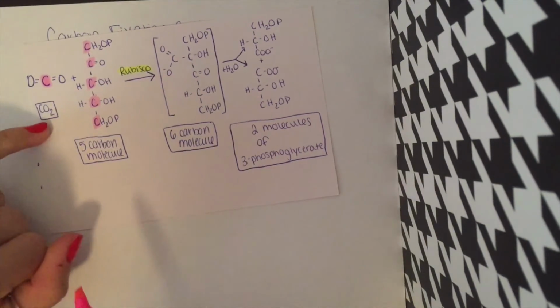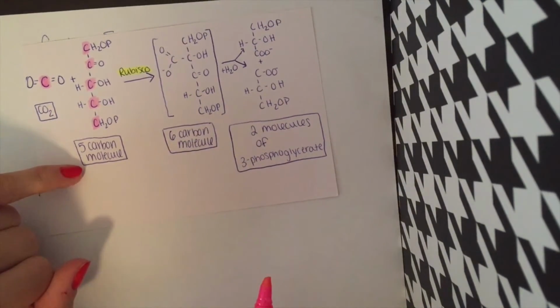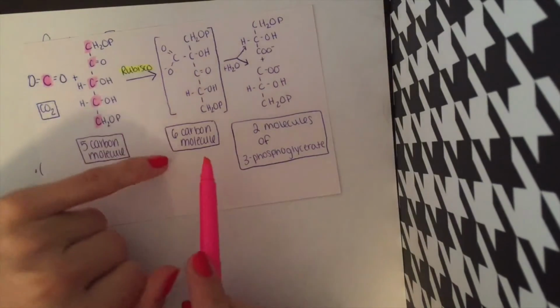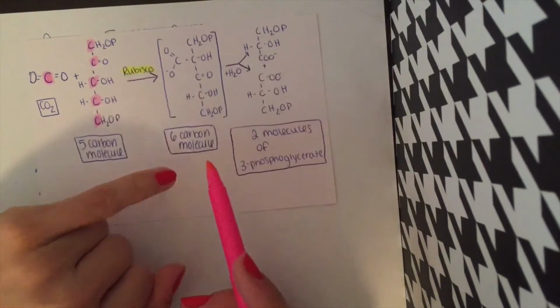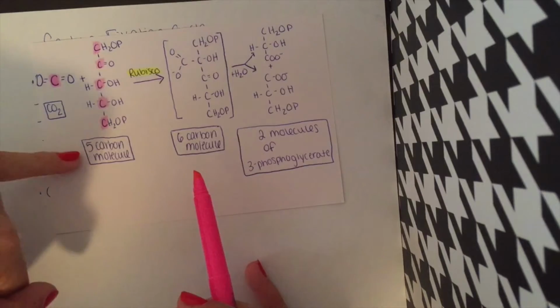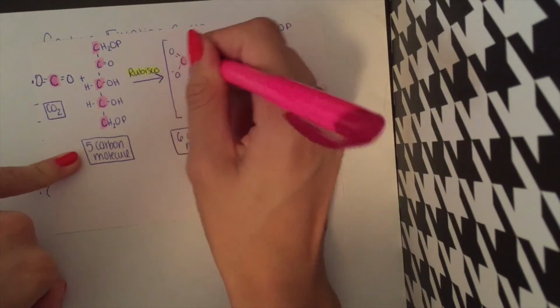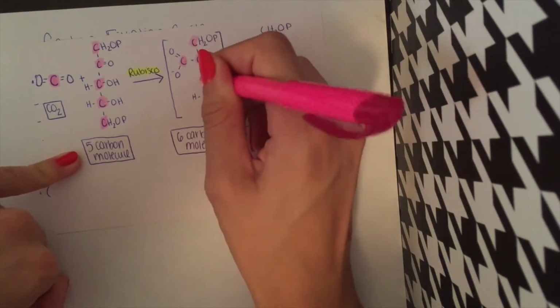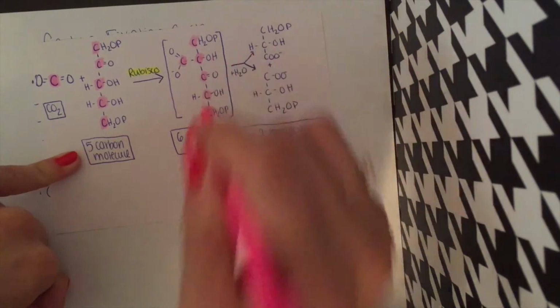Now, the CO2 and the 5 carbon molecule are combined by rubisco to create a 6 carbon molecule. That makes sense because we have 1 carbon here, 5 carbons here, and now we'll have 1, 2, 3, 4, 5, 6 carbons here.